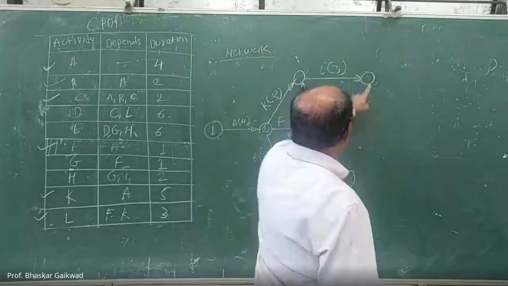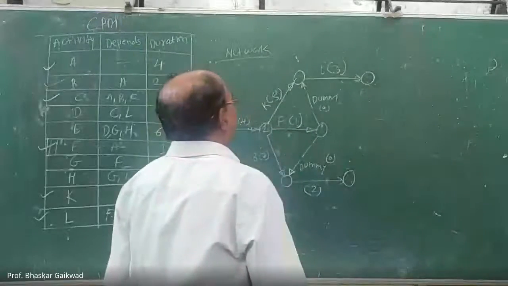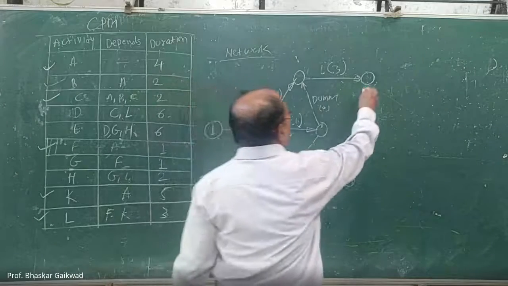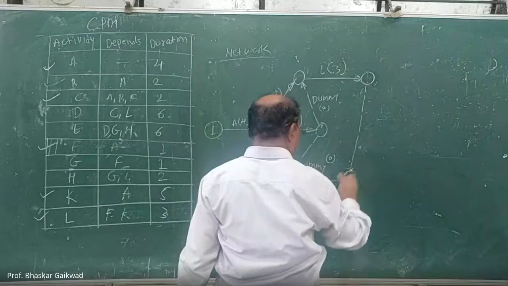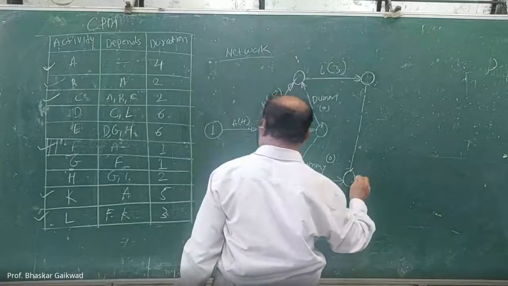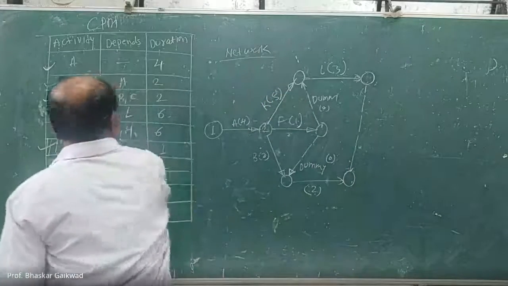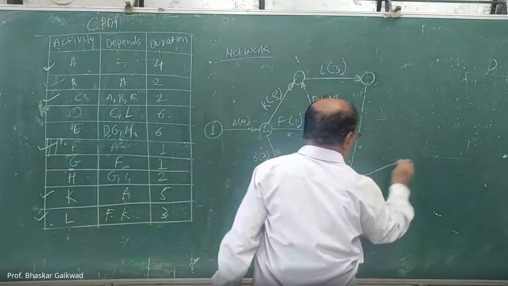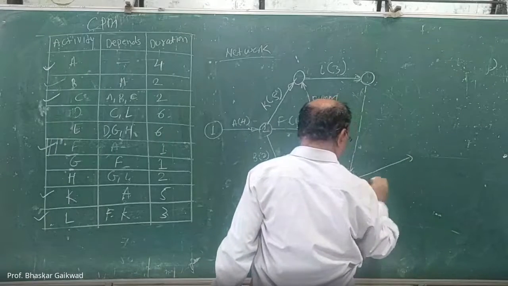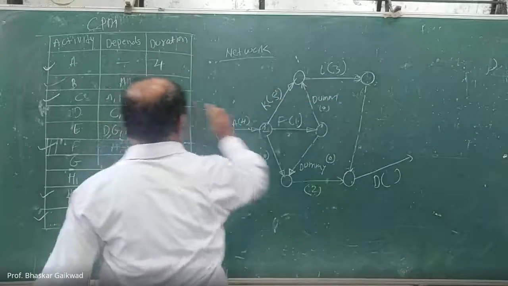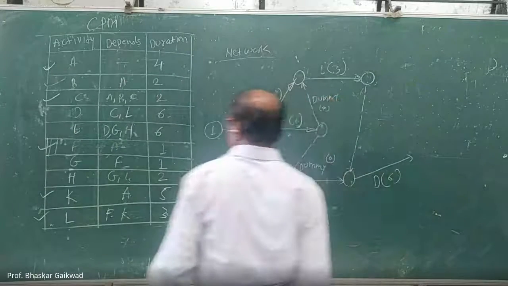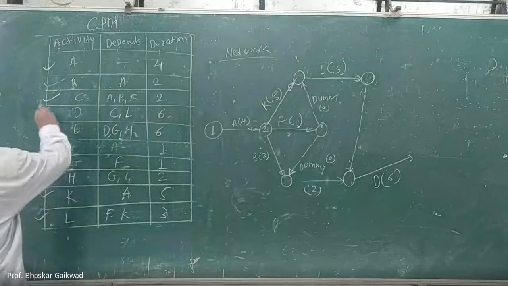So D starts from C and L. Now we can join this by a dummy activity. Now it is the C and L. Correct. And here the D will start. Let us consider this D. What is the duration of the D? 6. Means here it is 1.